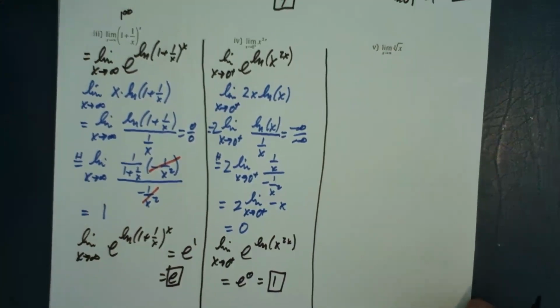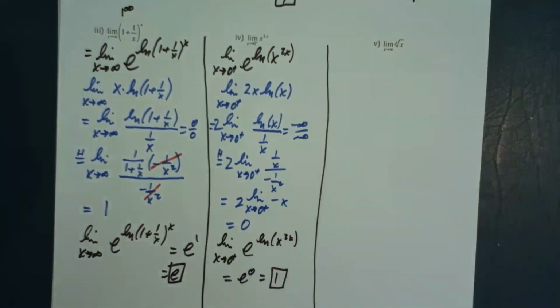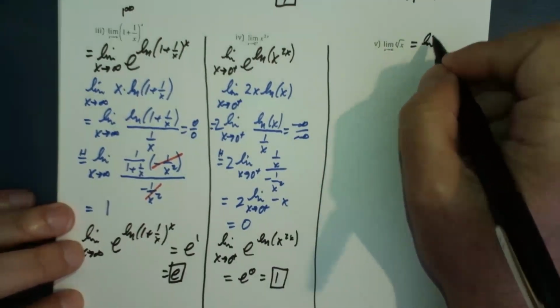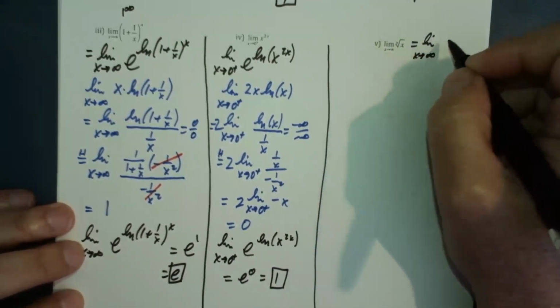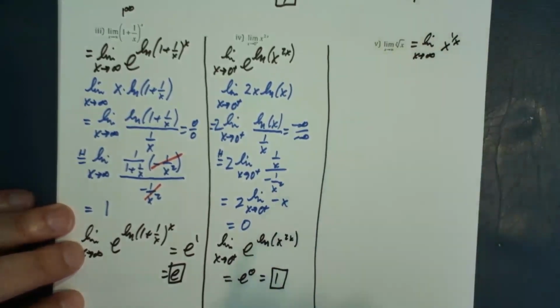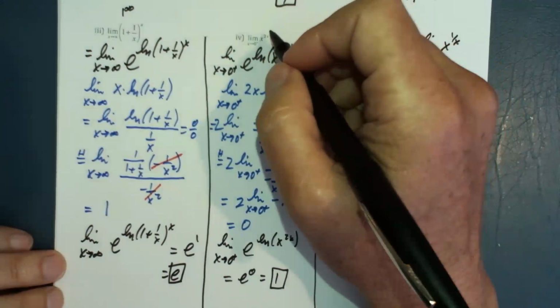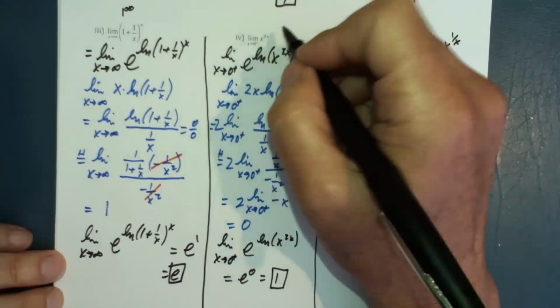Last problem. Recall this is actually x to the 1 over x power, if you remember your exponent rules. And that is going to become, this one was the 0 to the 0.